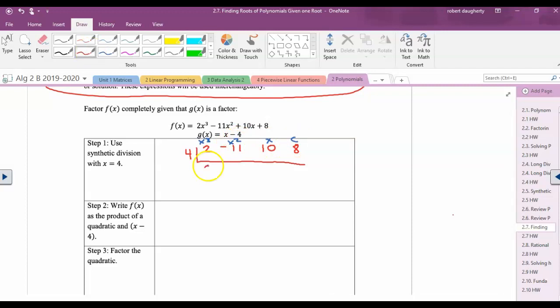So the 2 comes down. 2 times 4 is 8. Add those to get minus 3. 4 times negative 3 is negative 12. Add to get negative 2. 4 times negative 2 is negative 8, and that is a 0. So that means that x minus 4 is a factor. Okay, so f of x, this polynomial, is x minus 4 times what?